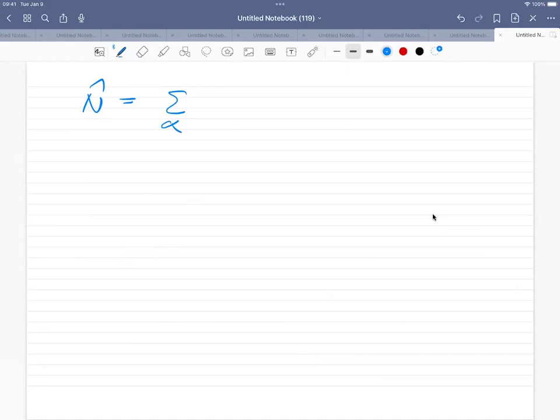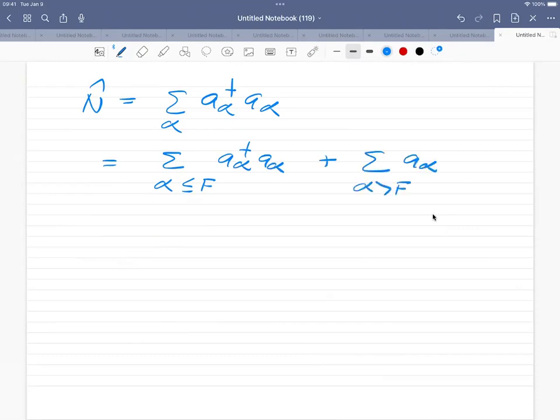Just remember that you have an infinite basis of single particle states, and in principle this runs over all the single particle states which you have available. Now, what I can do is just split this sum into two sums. I would have one sum where alpha includes the states up to the Fermi level, plus one where alpha is larger than the Fermi level. There's nobody who hinders me from doing that, right?